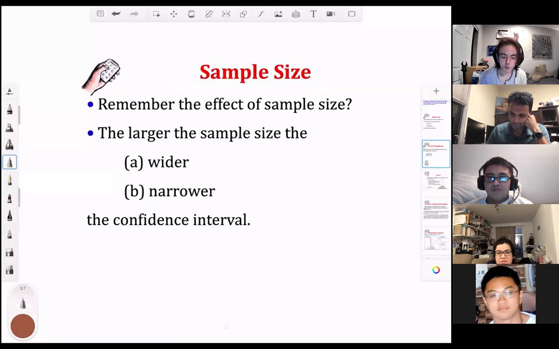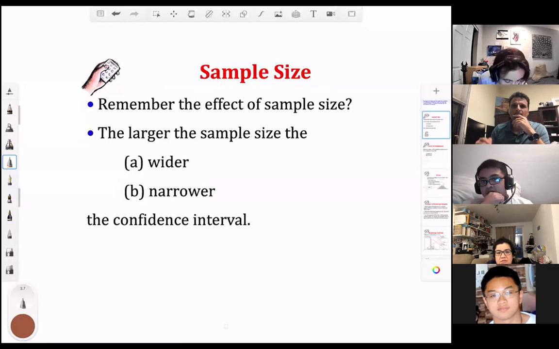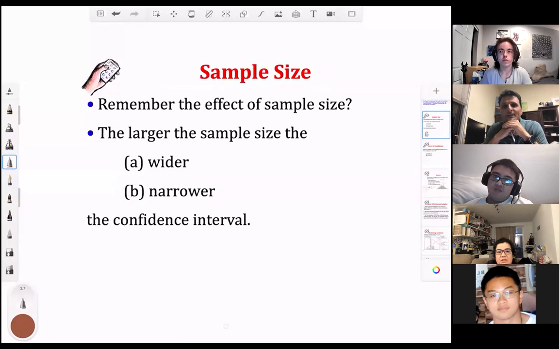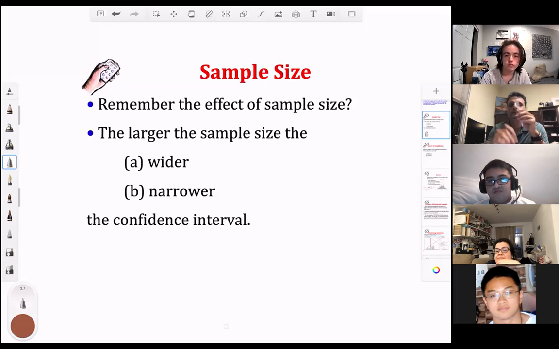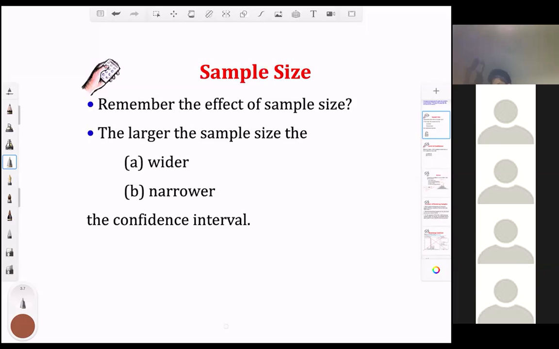Now, what about this one? The larger the sample size, the wider or narrower the confidence interval? Sierra?